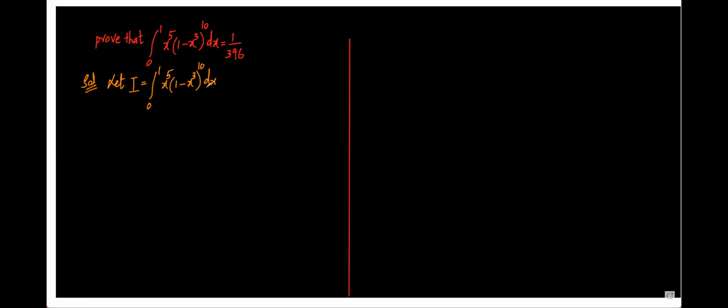Now we use the substitution method. For that purpose, the least value we have to assume as t. Both of them are x values, so the least one is x cube. That will be taken as t.